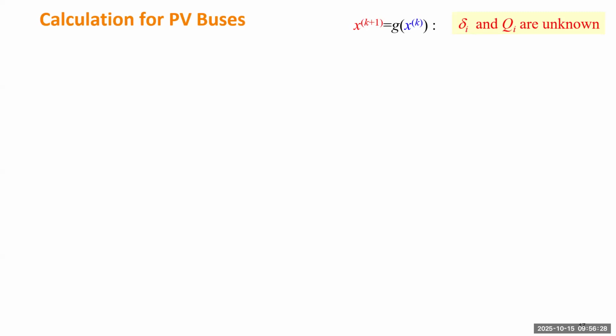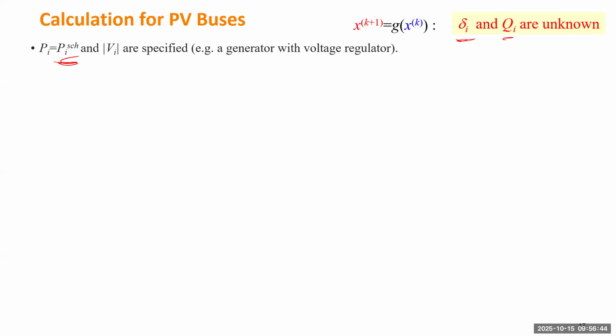The second type is a PV bus. For PV buses, we know P and the voltage magnitude. We need to determine the voltage angle and also reactive power. PV buses are generators. As I said, the P will be a schedule based on the generation dispatch, and voltage can be specified based on voltage regulation.